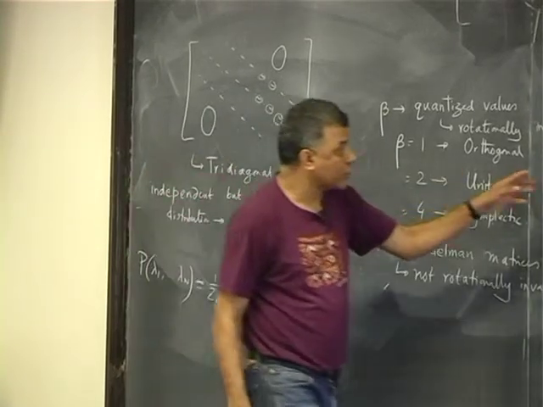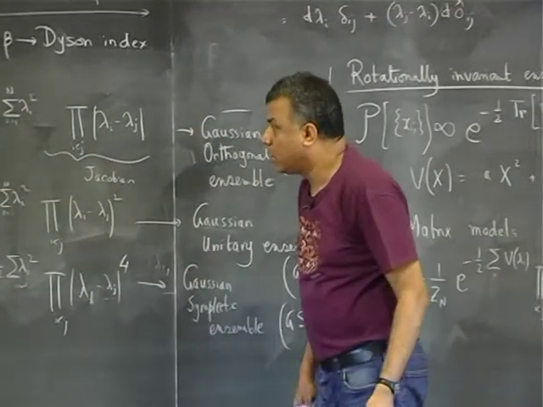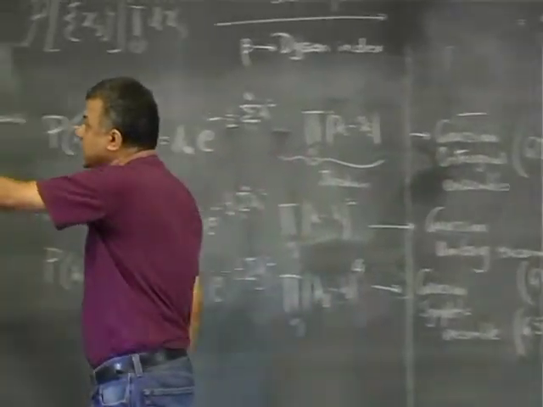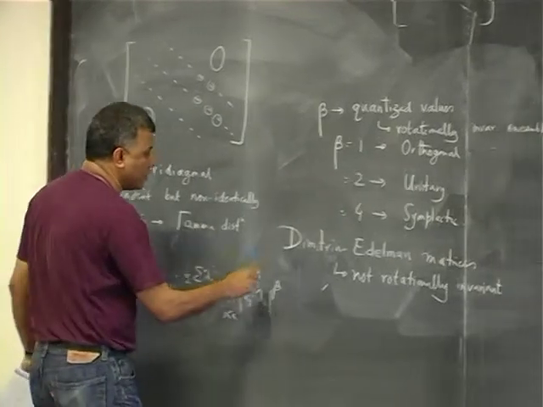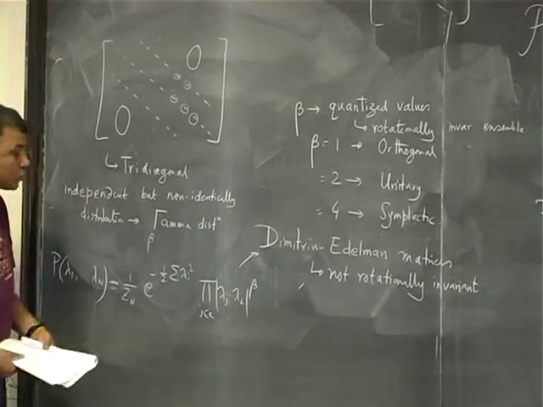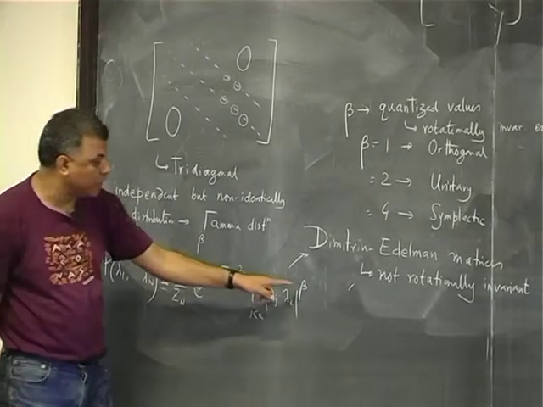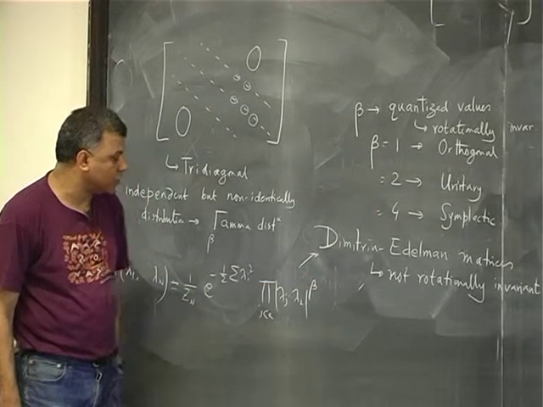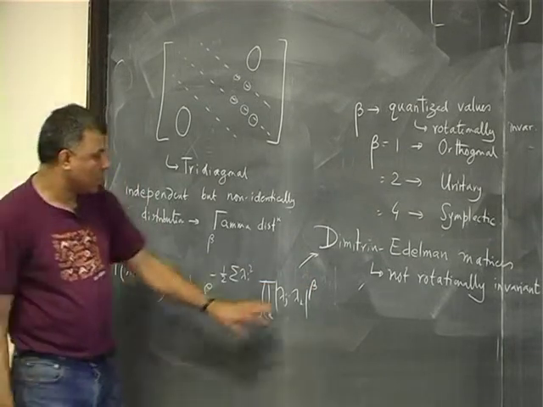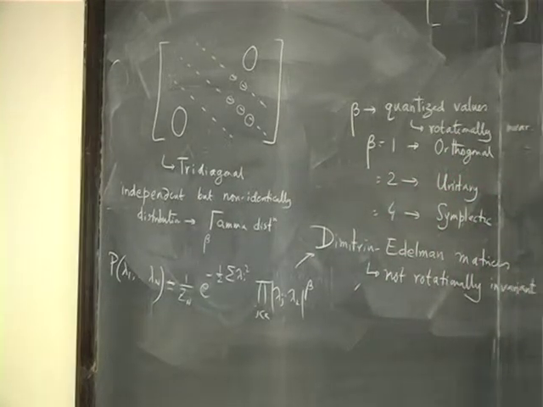Coming from rotational invariance principles, beta only has quantized values 1, 2, or 4. But for such matrices, and this is a very non-trivial result due to Dumitriu and Edelman, you can generate a joint distribution of eigenvalues with an arbitrary positive Dyson index. There's a physical meaning of this beta, which we will discuss.